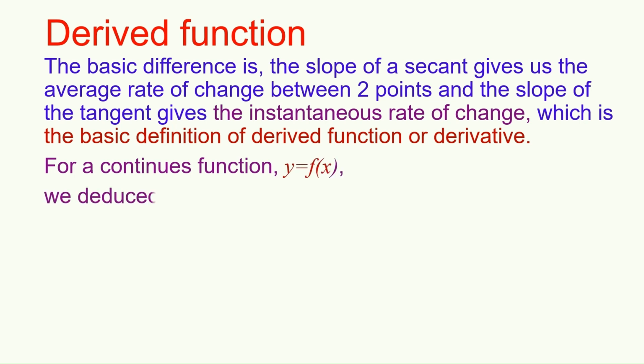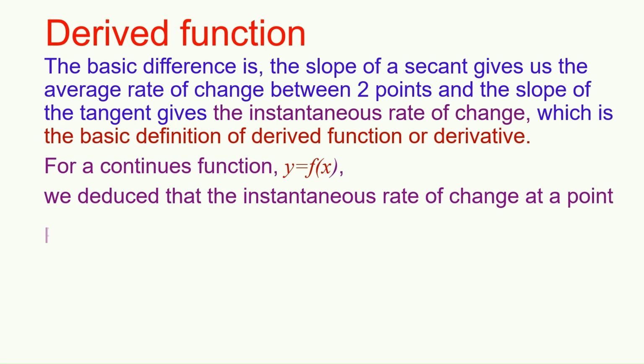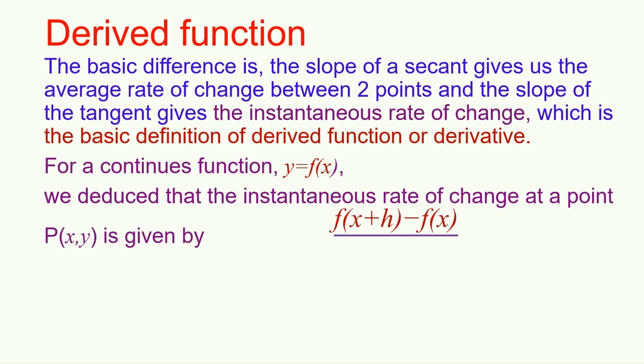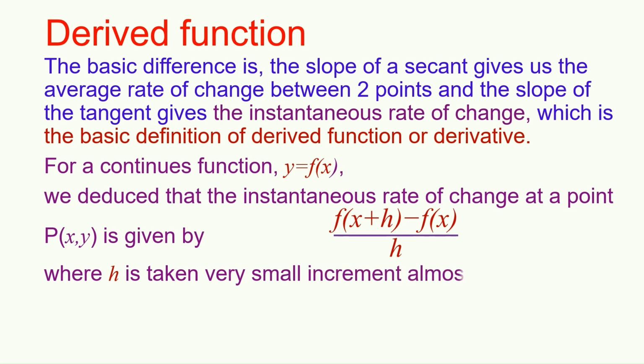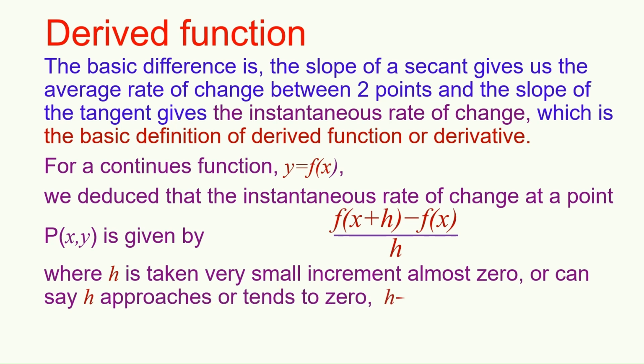For a continuous function, y equals function f of x, we deduced that the instantaneous rate of change at a point P, x, y, is given by (f of x plus h minus f of x) whole divided by h, where h is taken very small increment, or almost 0, or we can say h approaches or tends to 0.